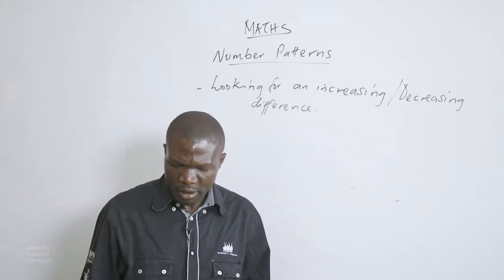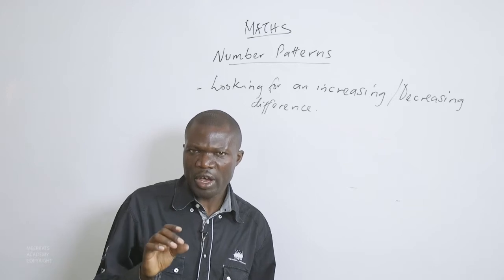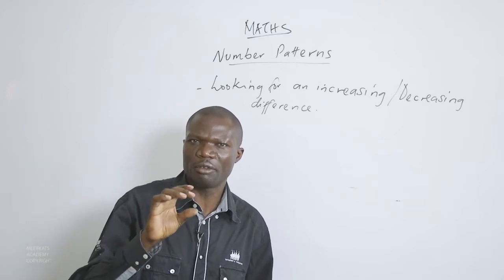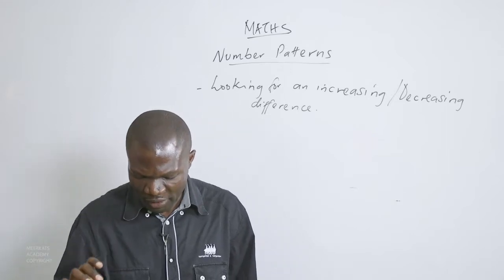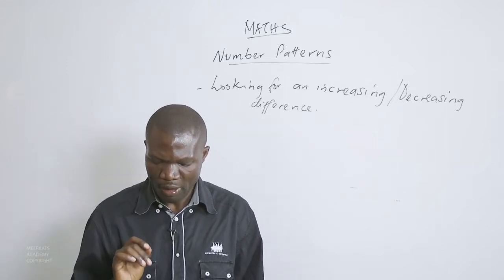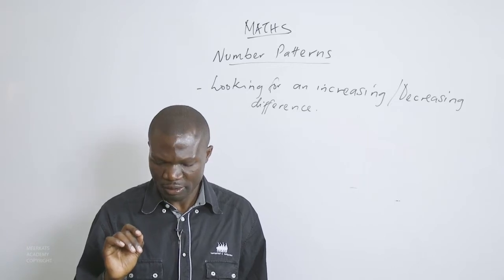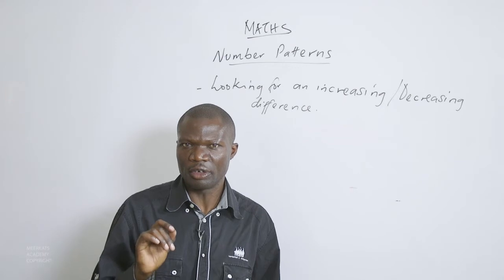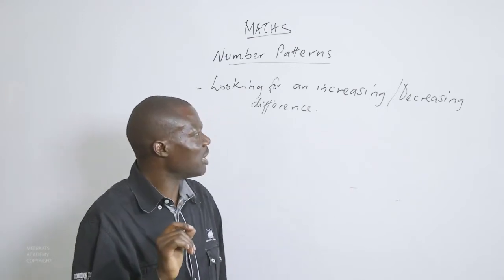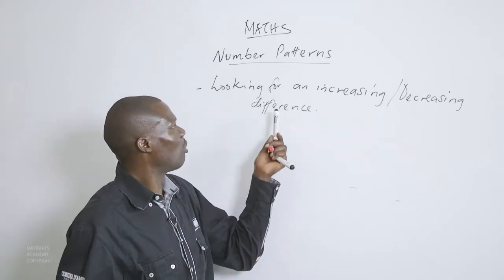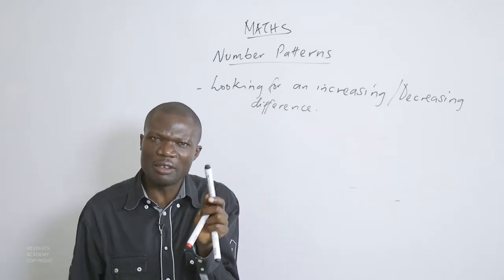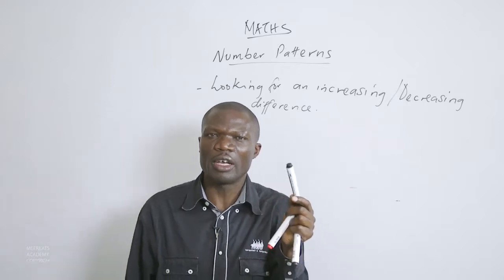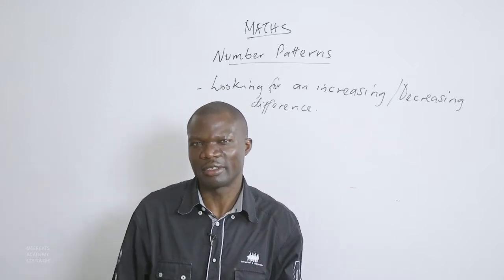Now, in a case where we have a sequence of numbers or we have a number pattern, and when you look at these patterns, there is a possibility of a difference, but this difference is either increasing or it is decreasing.